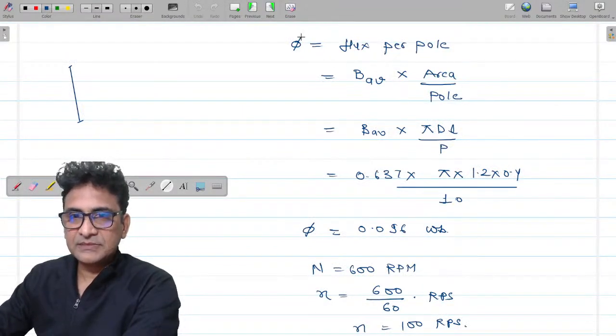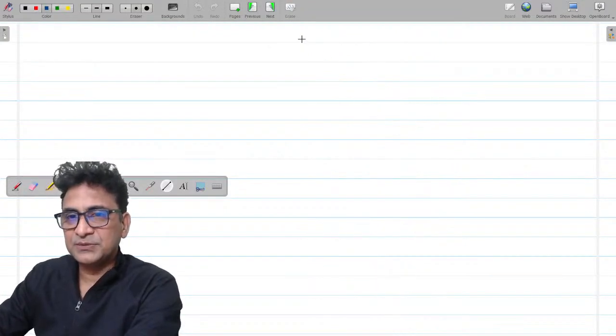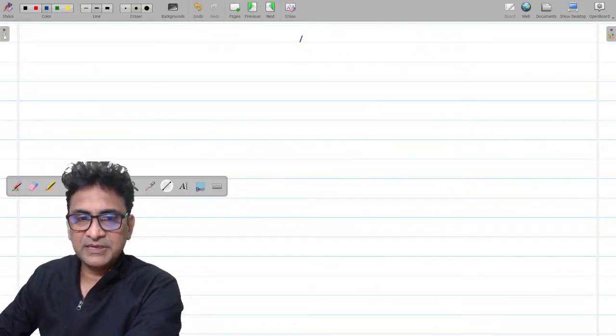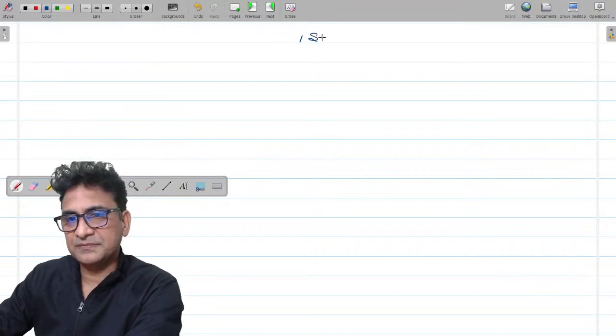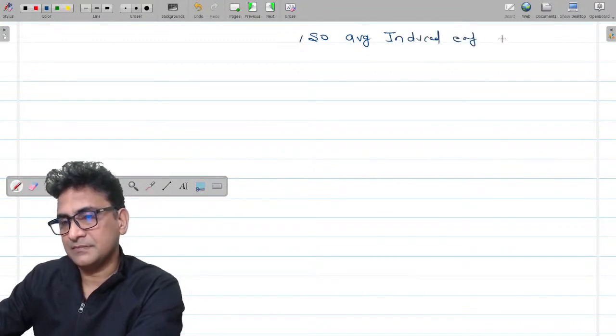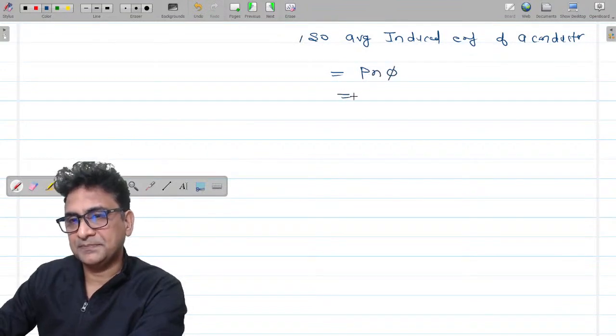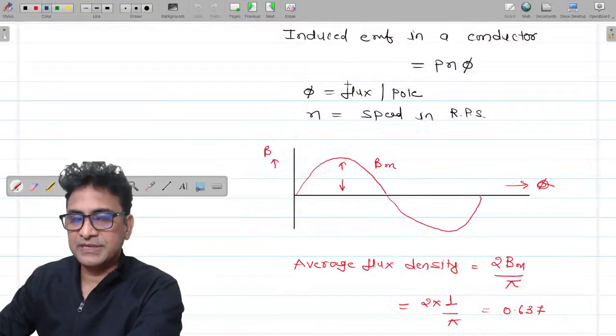See, since here we are using the average value of flux density, this formula represents the average value of induced EMF. P n into phi. Total number of pole was 10 pole.